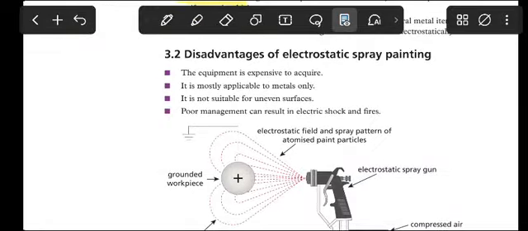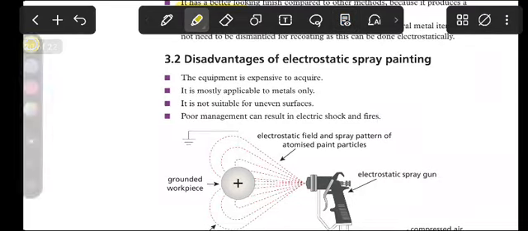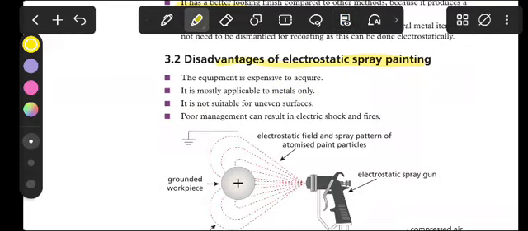So here, the disadvantages of electrostatic spraying: obviously the equipment is expensive to acquire. It is more applicable to metal only.